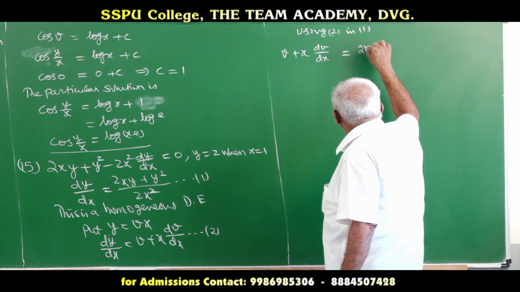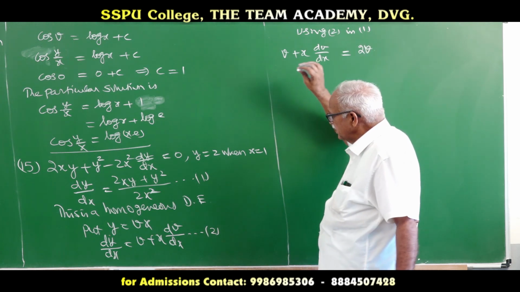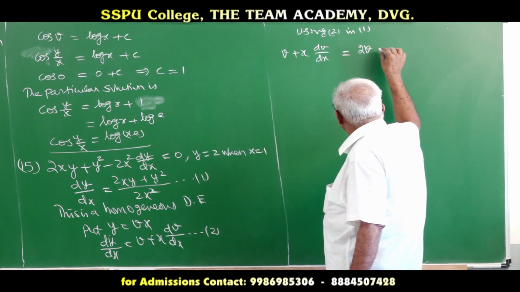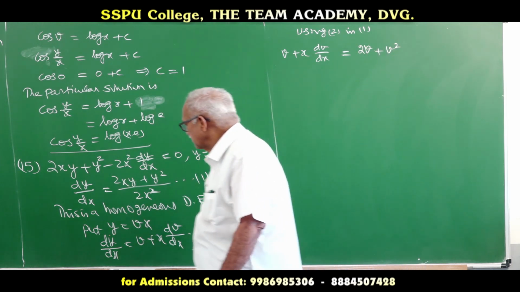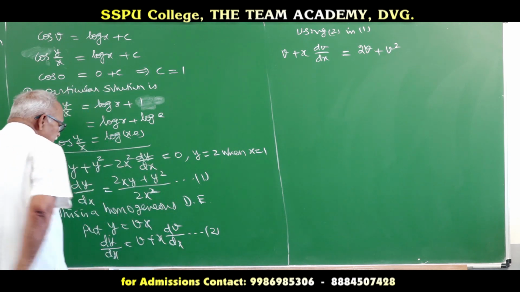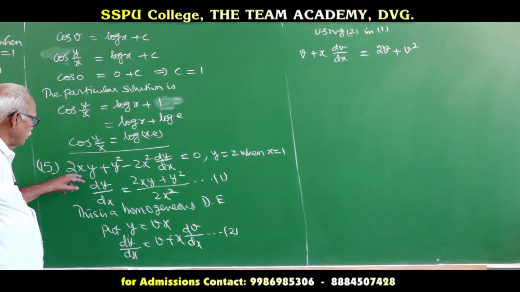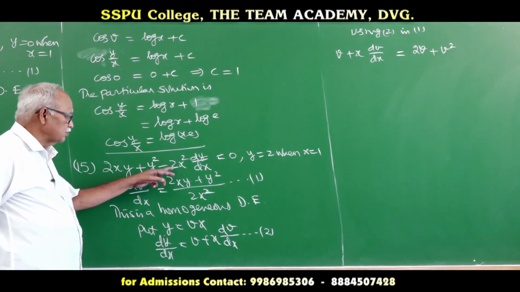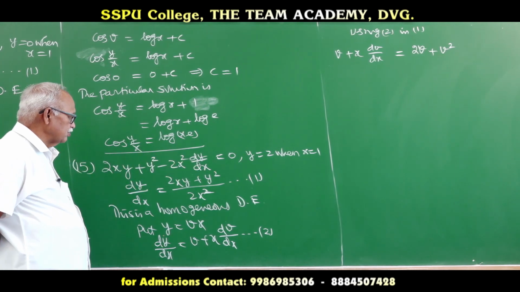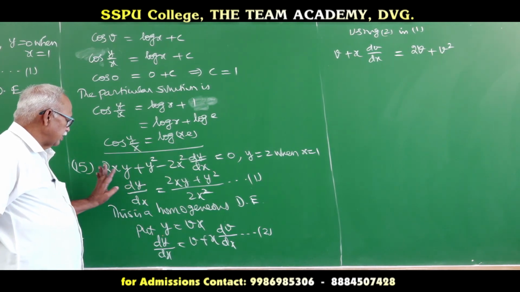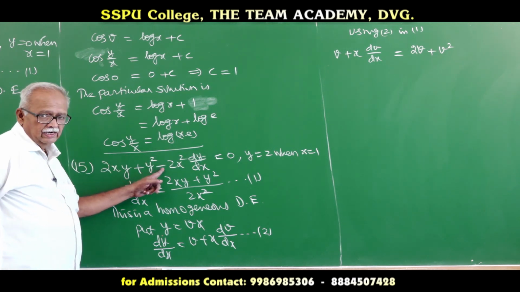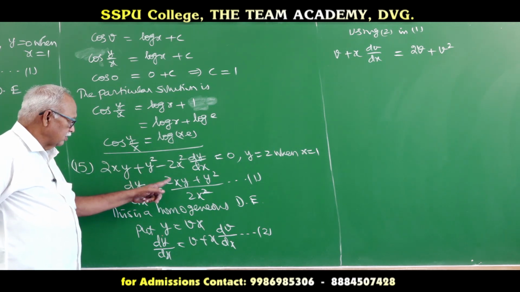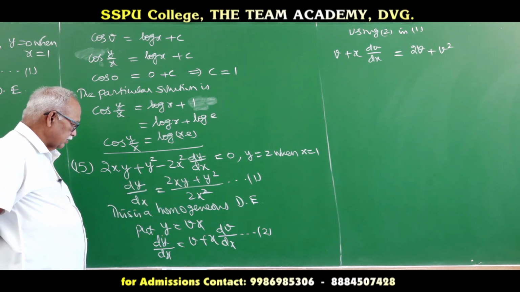Let us see this here, 2xy plus y square minus 2x square dy by dx is equal to 0. So, dy by dx is equal, when you take it to the other side, this minus sign and this minus sign will get cancelled. So, 2xy plus y square by 2x square.